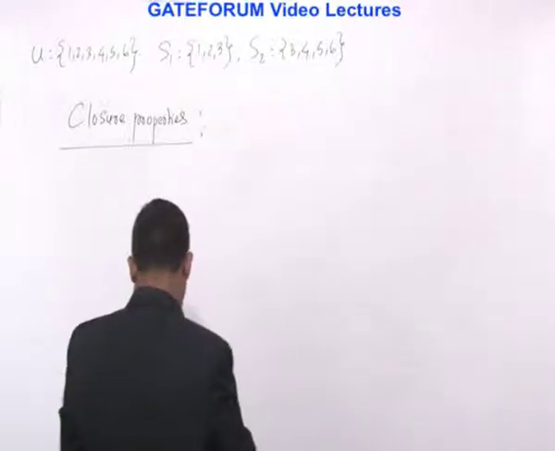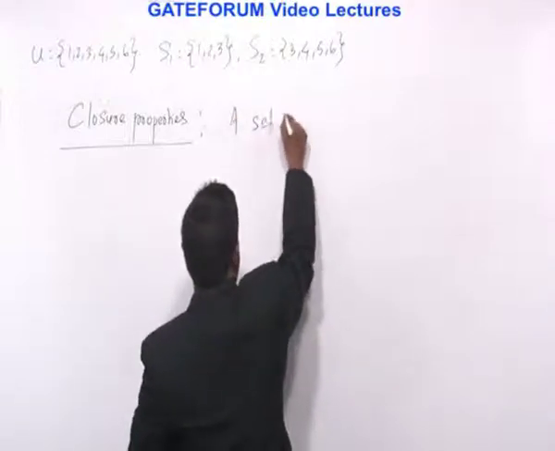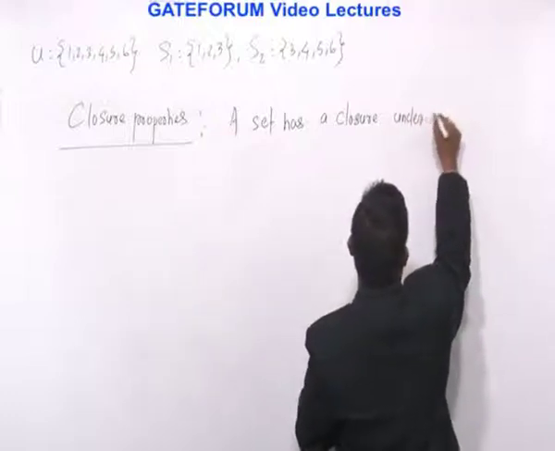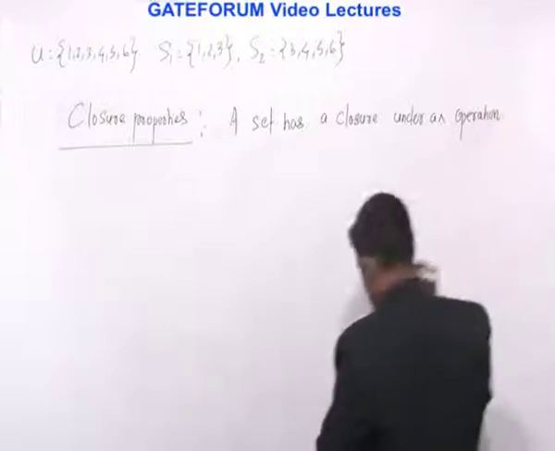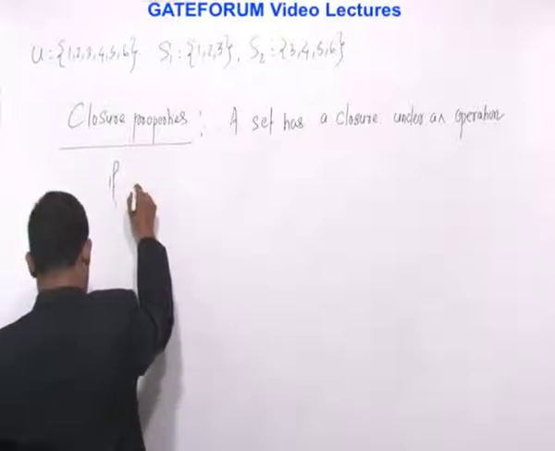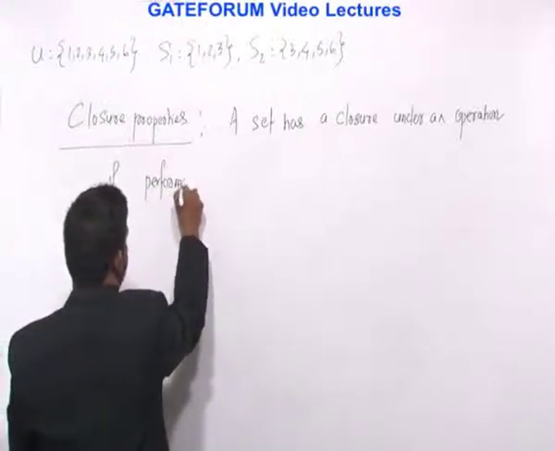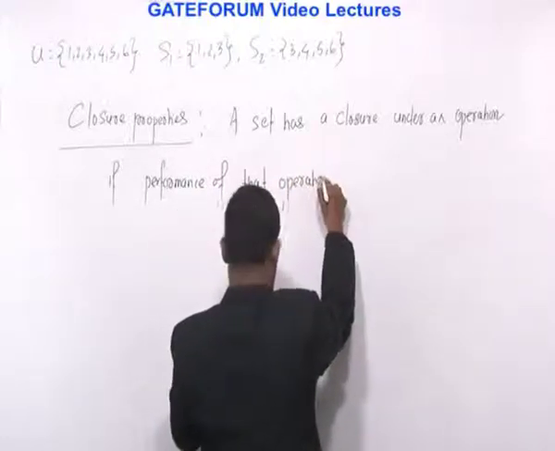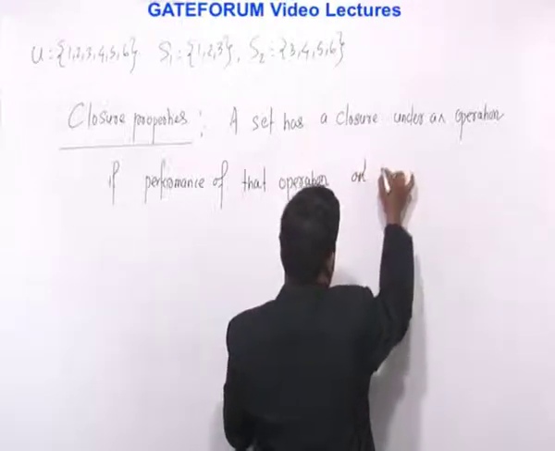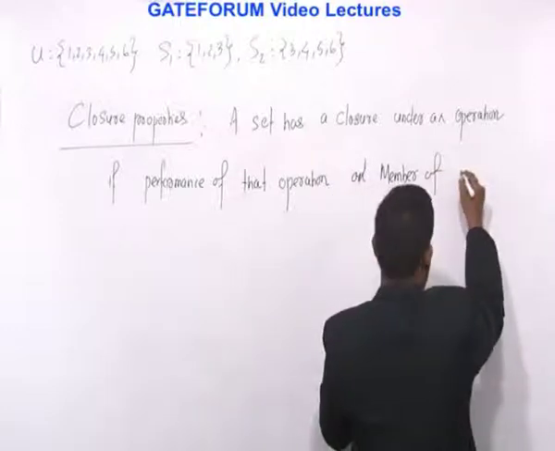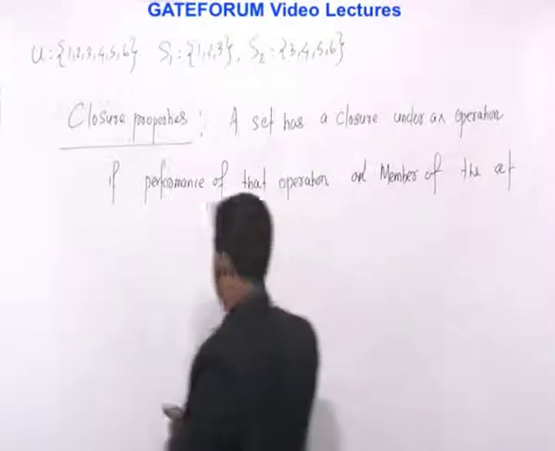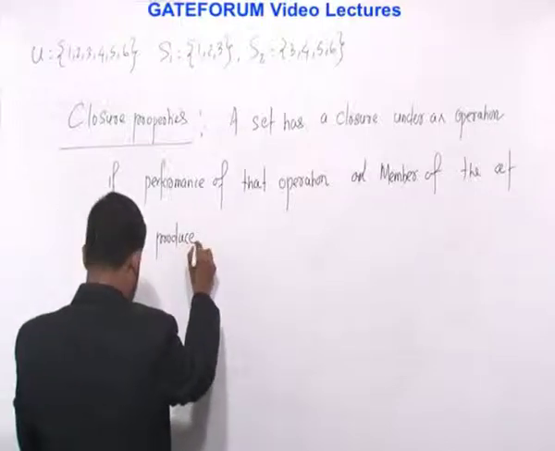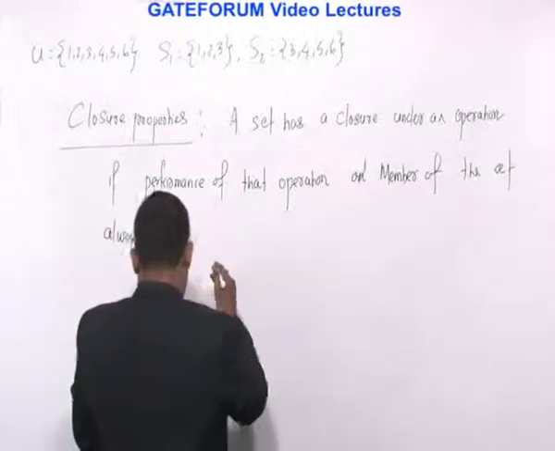A set has closure under an operation if performance of that operation on members of the set always produces a member of the same set.